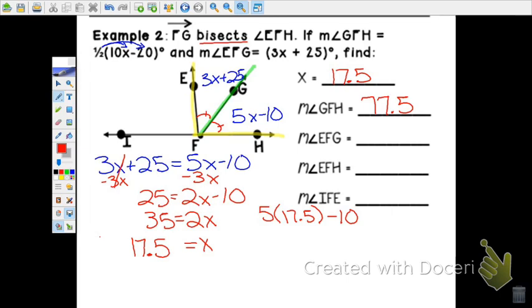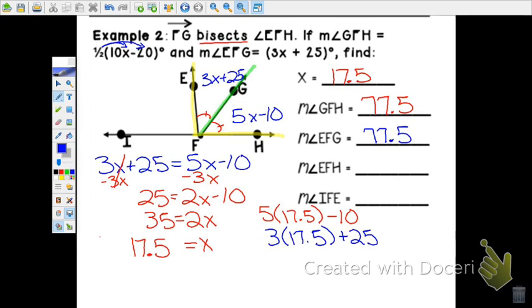They want me to find angle EFG, which is the 3x plus 25. So 3 times 17.5 plus 25. When I work that out, I get an answer of 77.5, which is a good thing because, again, I have an angle bisector. These two angles should be the same.